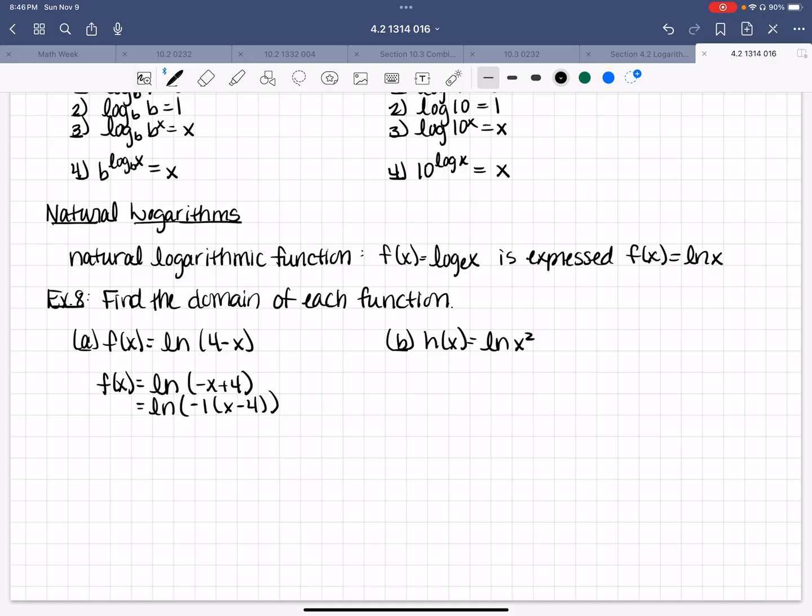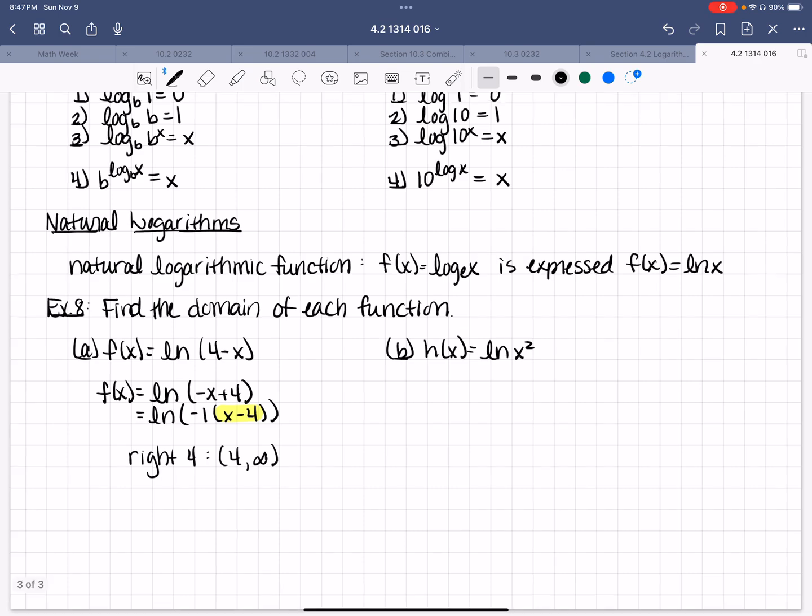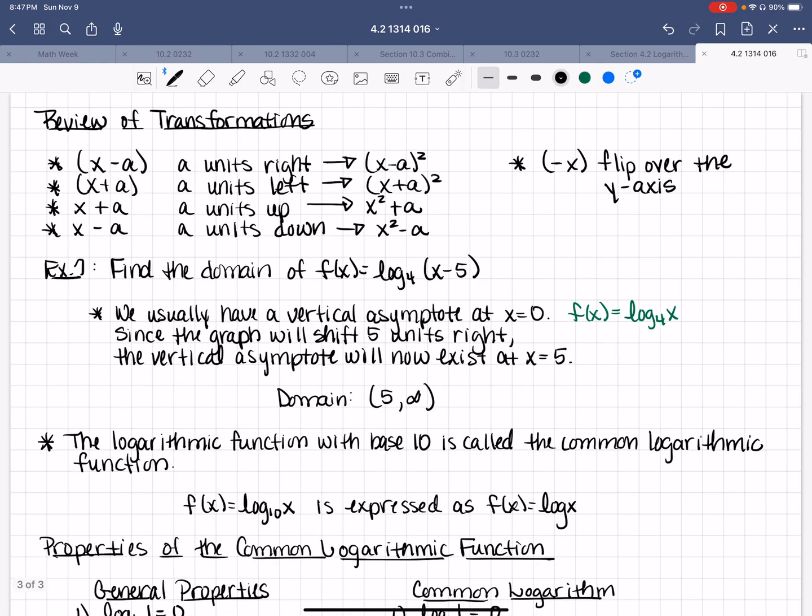Okay, so what happens is we have that x minus 4 right there. We look at that part first. And this x minus 4 tells me that I'm going to go right 4. So if I go right 4, okay, that's going to push that vertical asymptote of x equals 0 to a positive 4, which pushes my domain to 4 to a positive infinity. But we're not done because we have that negative 1 there. And we stated up here in our little review that if I'm placing that negative on the x, it flips it over the y-axis.